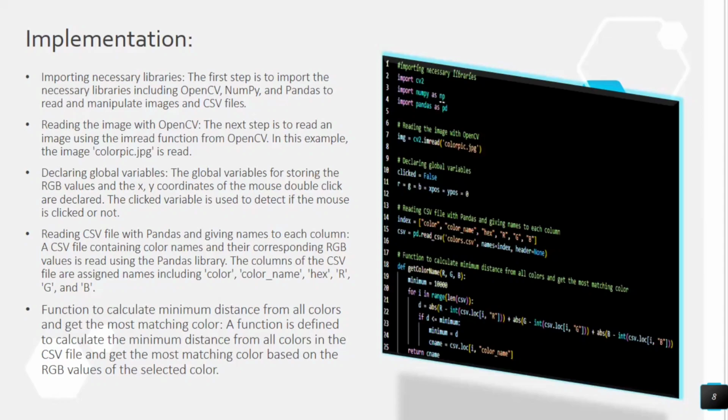Then a function to calculate the minimum distance from all colors and get the most matching color. In this step, a function is defined to calculate the minimum distance from all colors in the CSV file and get the most matching color based on the RGB values of the selected color.